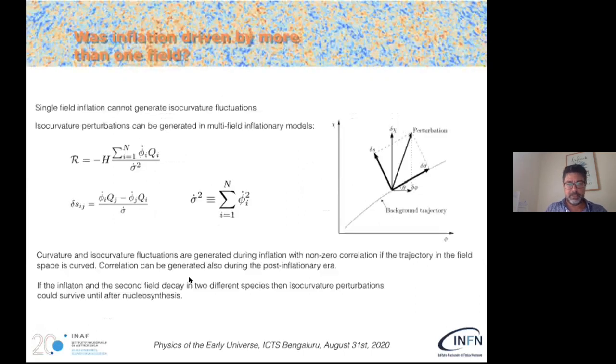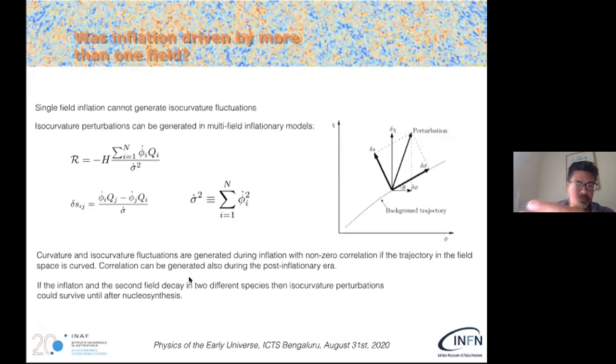Another important question we have addressed is whether inflation was driven by more than one field. Detecting isocurvature perturbations would indicate multi-field dynamics during inflation, since the isocurvature perturbations would have left a component in the radiation-dominated universe after Big Bang nucleosynthesis.